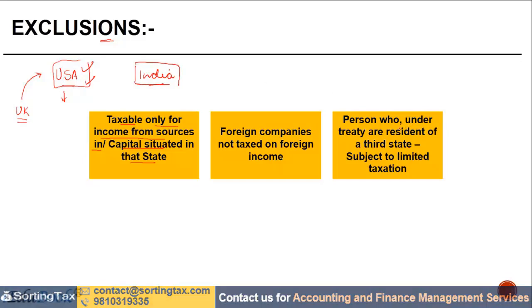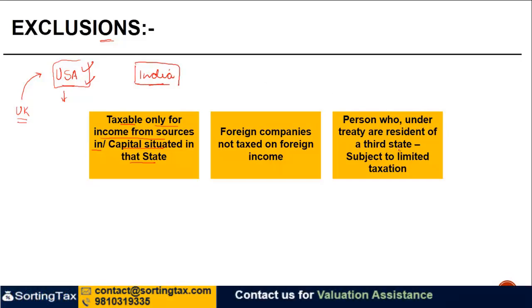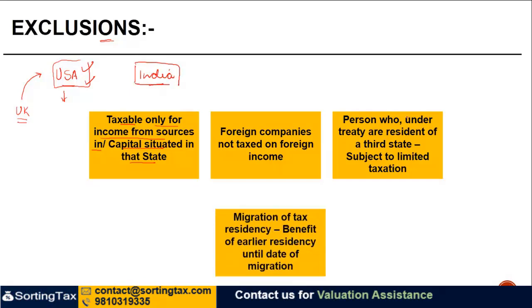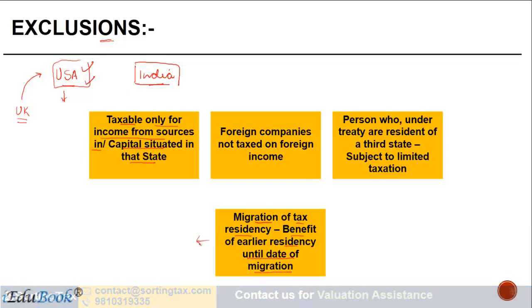Persons who under a treaty are residents of a third state obviously will not be considered residents. And in the case of people who migrate tax residency, the benefit of earlier residency will be given until the date of migration. Let me explain this here.